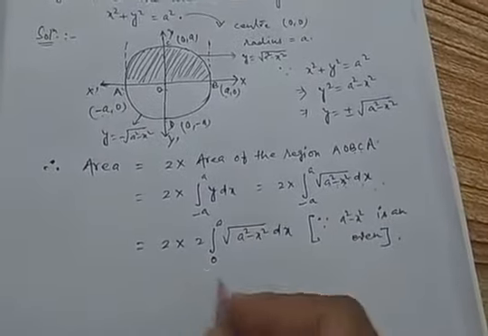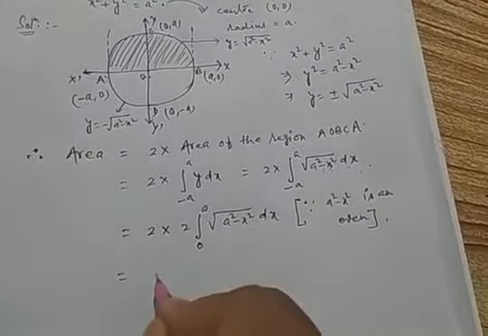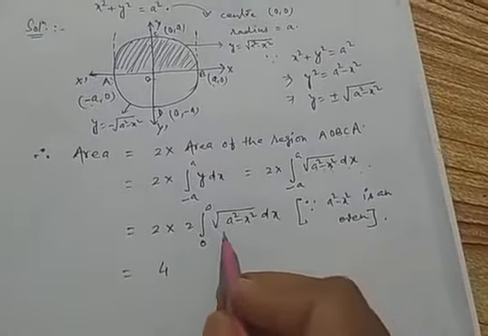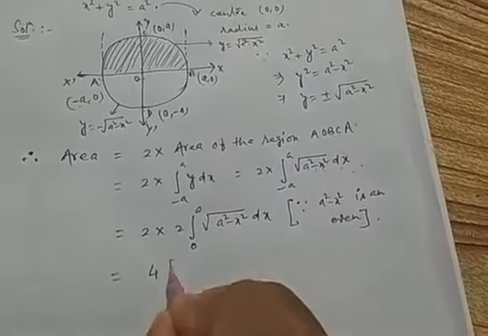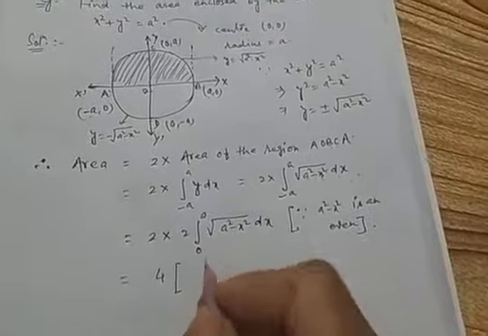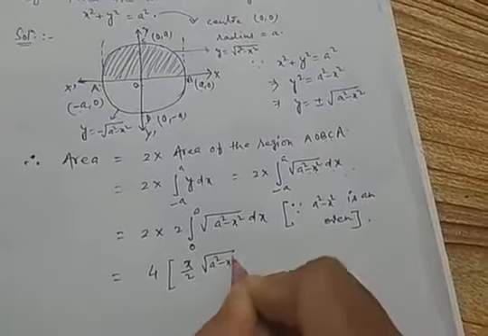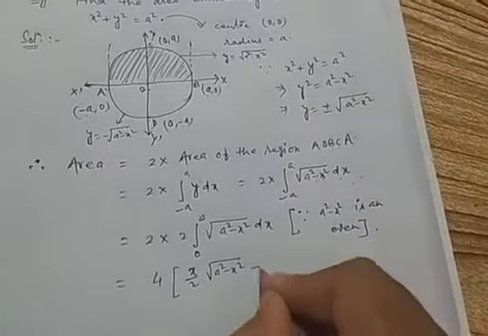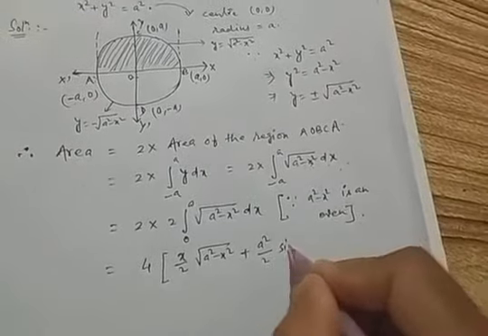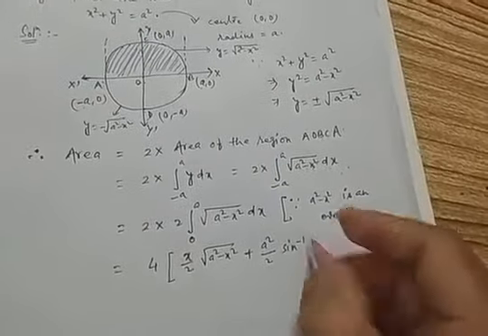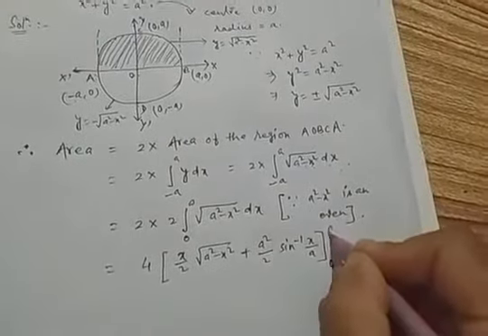So now 2 into 2 is 4, and we know that students the integral of under root a square minus x square is equal to x by 2 into under root a square minus x square plus a square by 2 sin inverse x by a, from 0 to a.